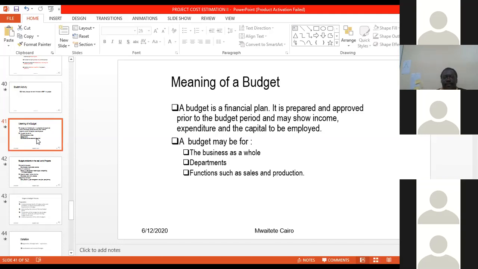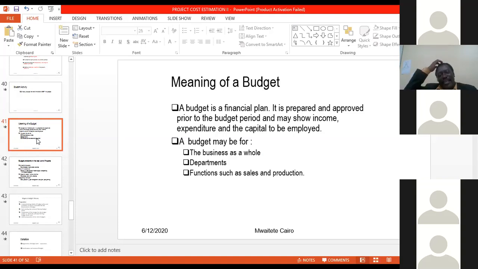You can plan a budget for 1 month. You can plan a budget for a day. You can have a budget for a few minutes, a half an hour budget. So a budget by itself is very similar to what we have said in a cost.